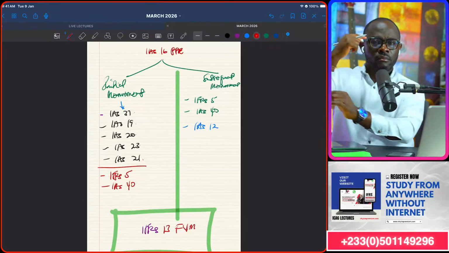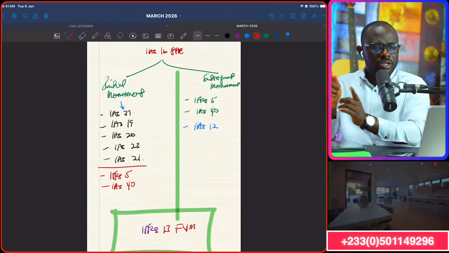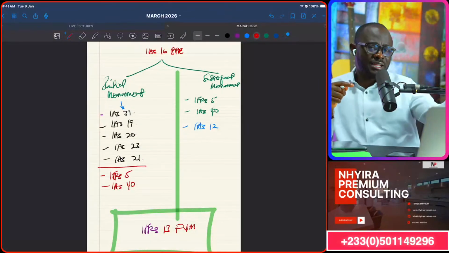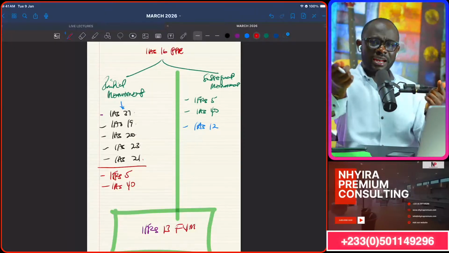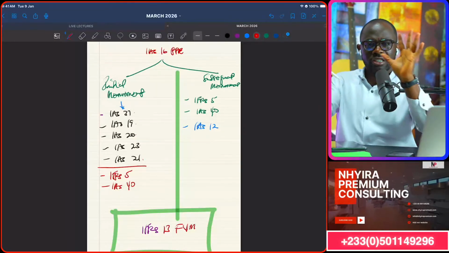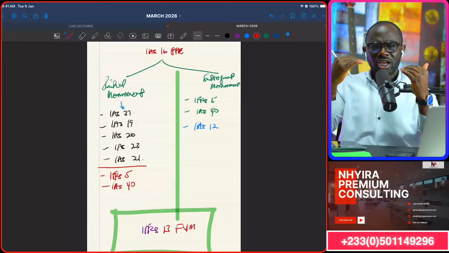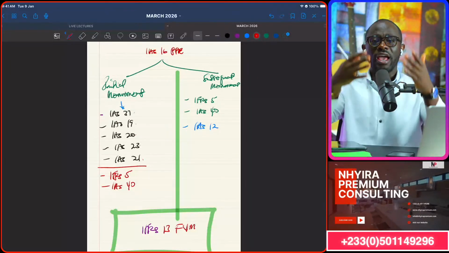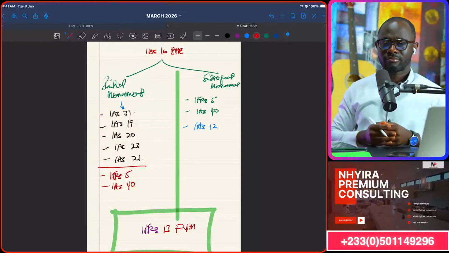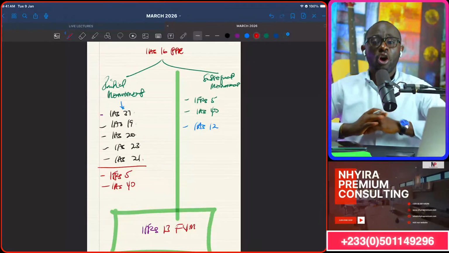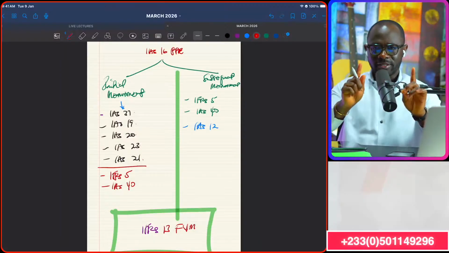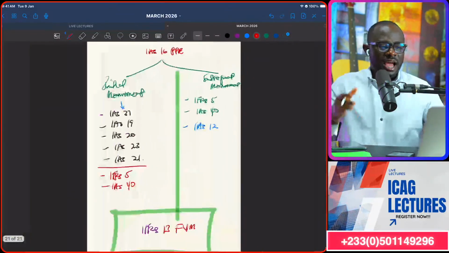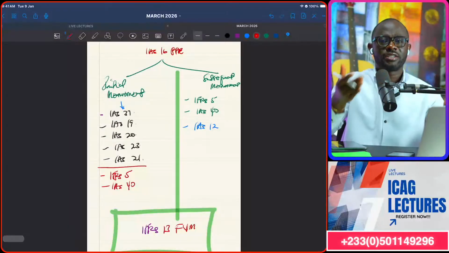No. If you are learning and you know that this standard is going to be applicable in another standard, it's connected with another standard, then you just transfer the knowledge, and that increases your attention level and your love also for the accounting standards. So yes, there are a lot of accounting standards, but this is the trick. You must understand how the accounting standards are connected with each other.